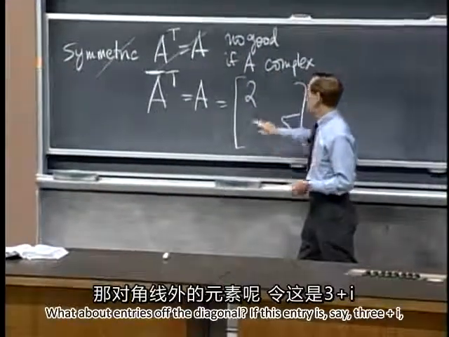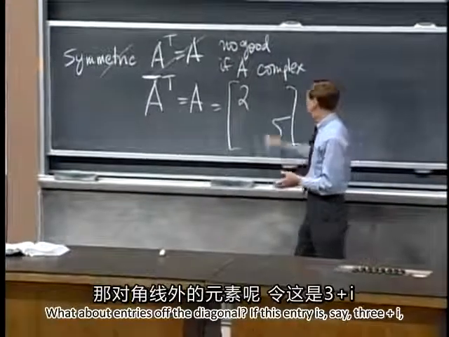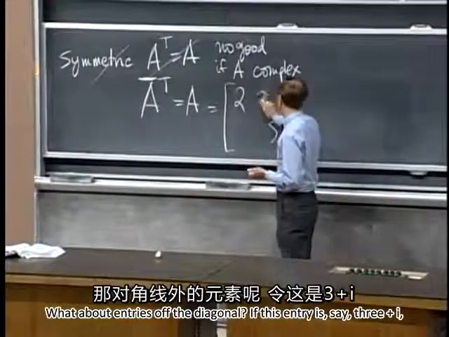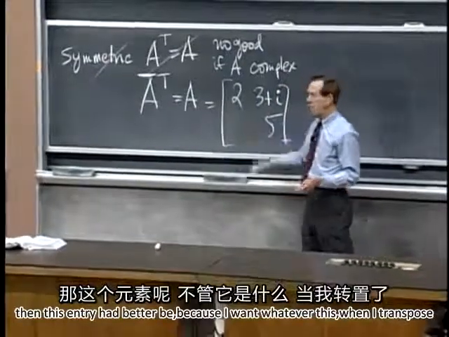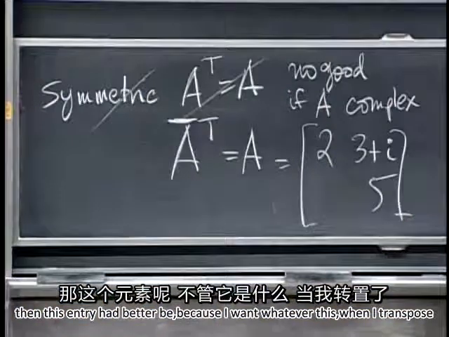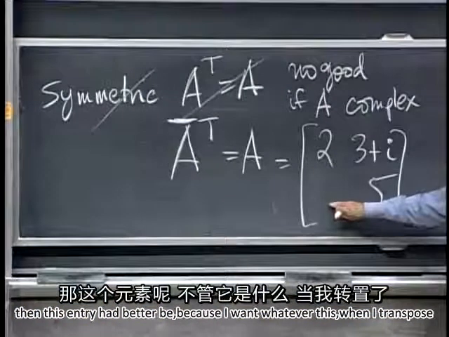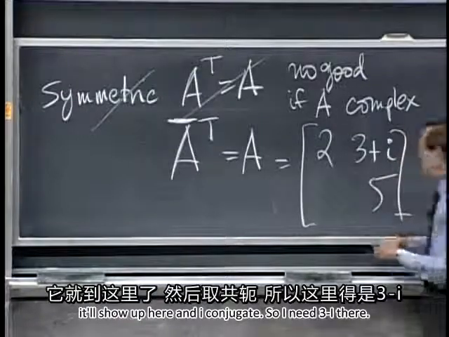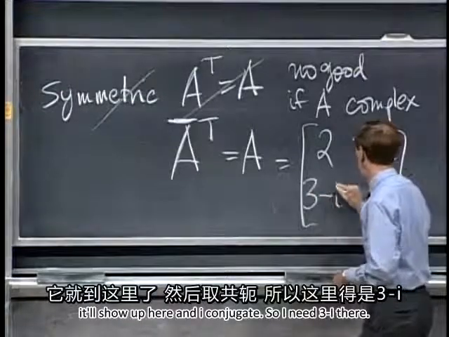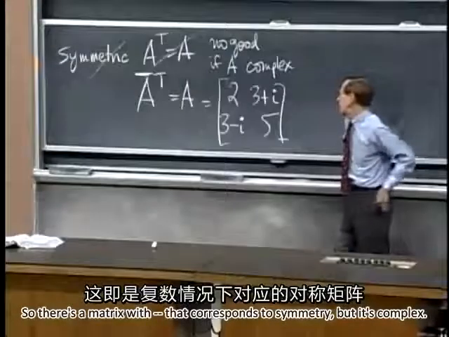What about entries off the diagonal? If this entry is, say, 3 plus i, then this entry had better be, because whatever I transpose shows up here and I conjugate, I need 3 minus i there.